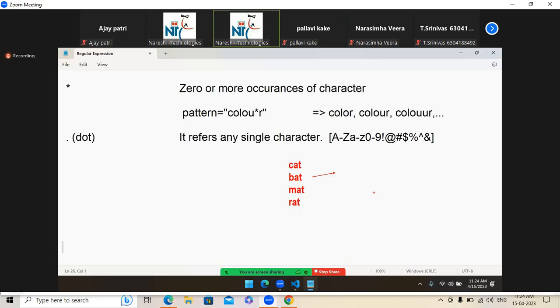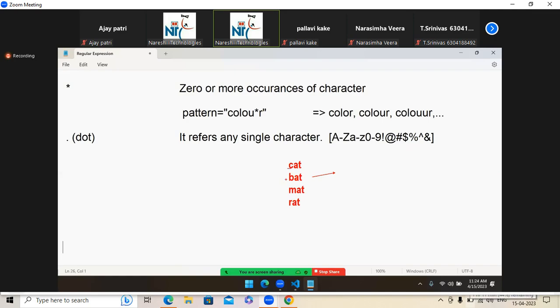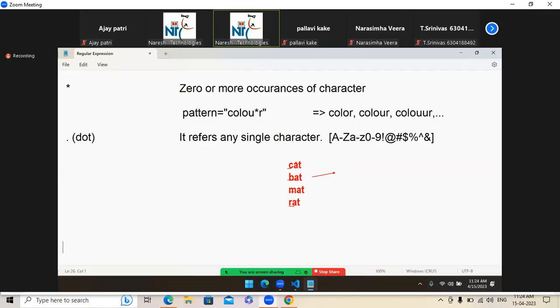What is the similarity for all these words? At the end it is having AT, but the first character is not standard. The first character is changing. Before AT, how many characters? One. So we can write like this, dot AT.